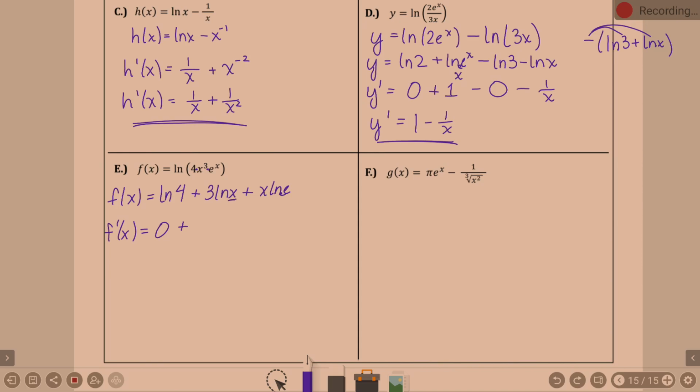The derivative of natural log of x is 1 over x times the 3 makes it 3 over x plus, well, remember, natural log of e is 1, so the derivative of 1x is 1. So our derivative is 3 over x plus 1.